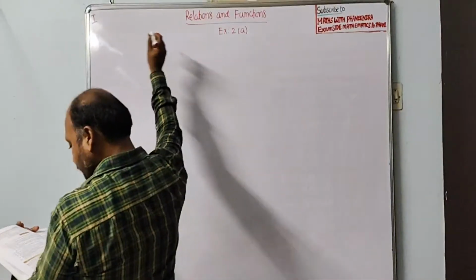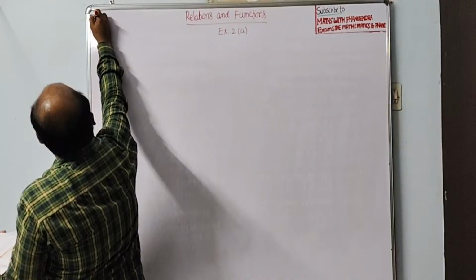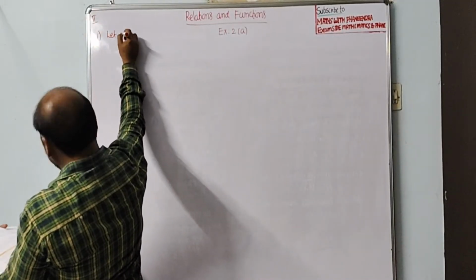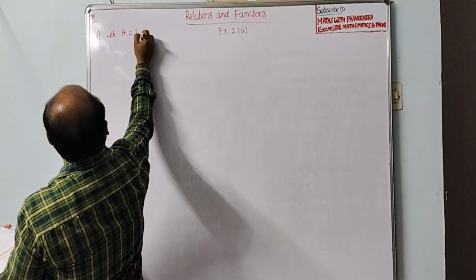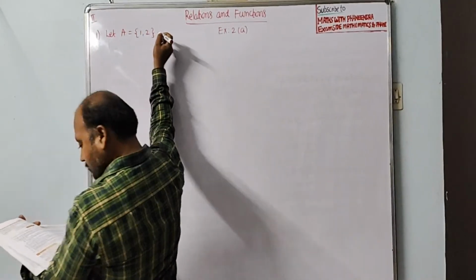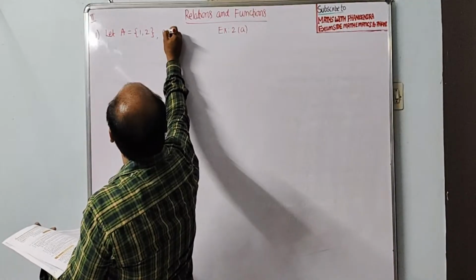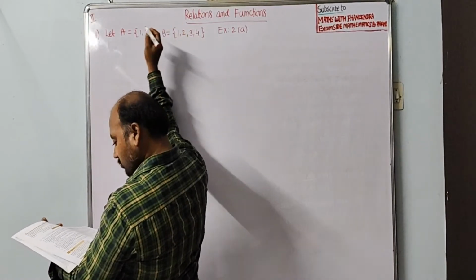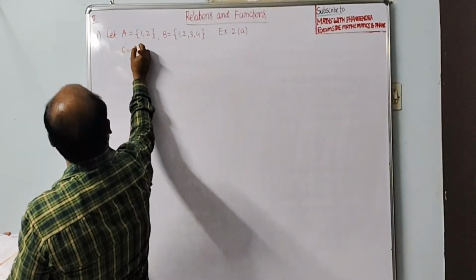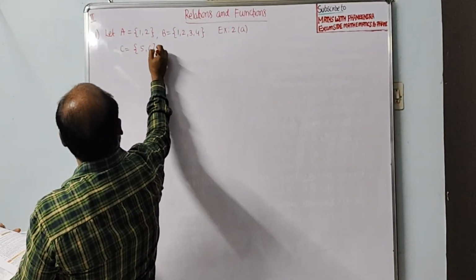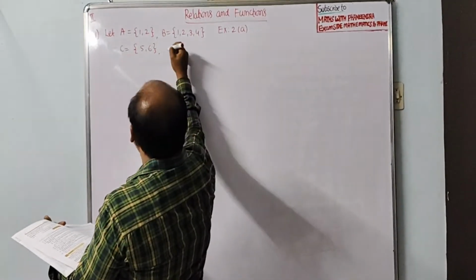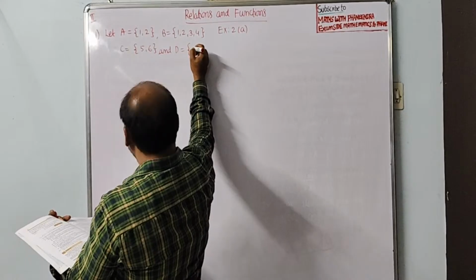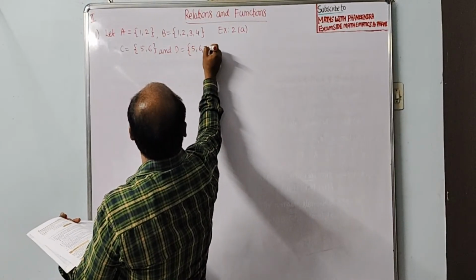In second bit, question number 1. Let A contain the elements 1, 2, B equal to {1, 2, 3, 4}. Next C contains 5, 6 and D is {5, 6, 7, 8}.